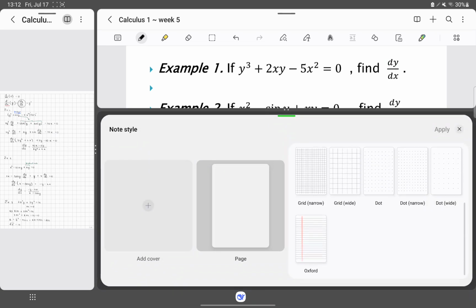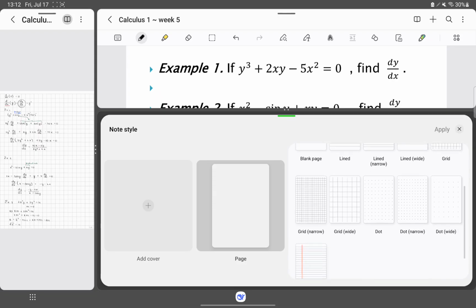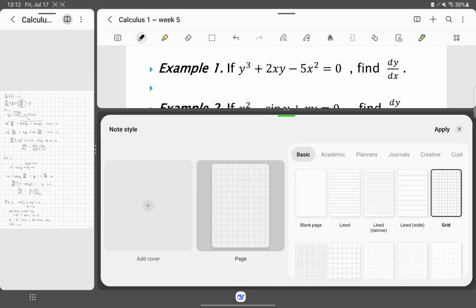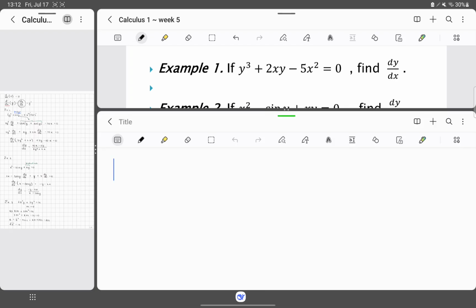Let's try grid because it's easier. So y cubed plus 2xy minus 5x squared equals 0, and we need to find dy over dx.